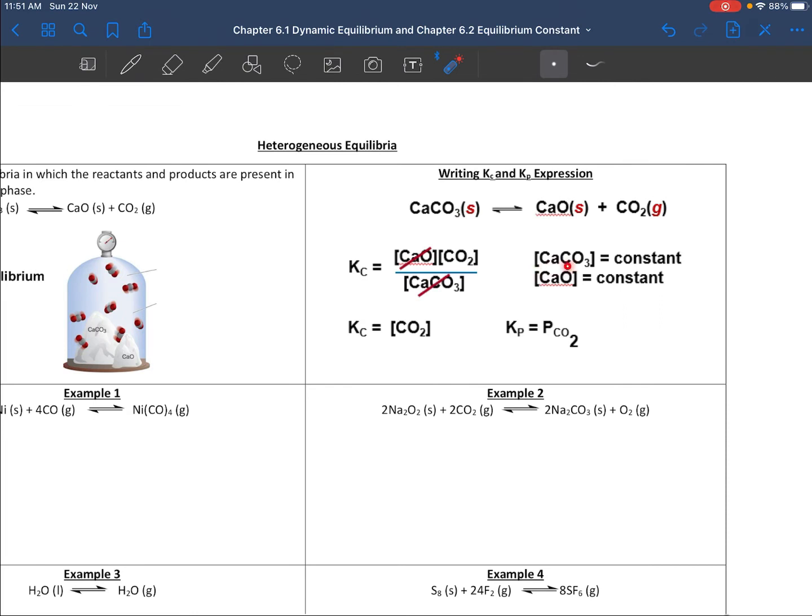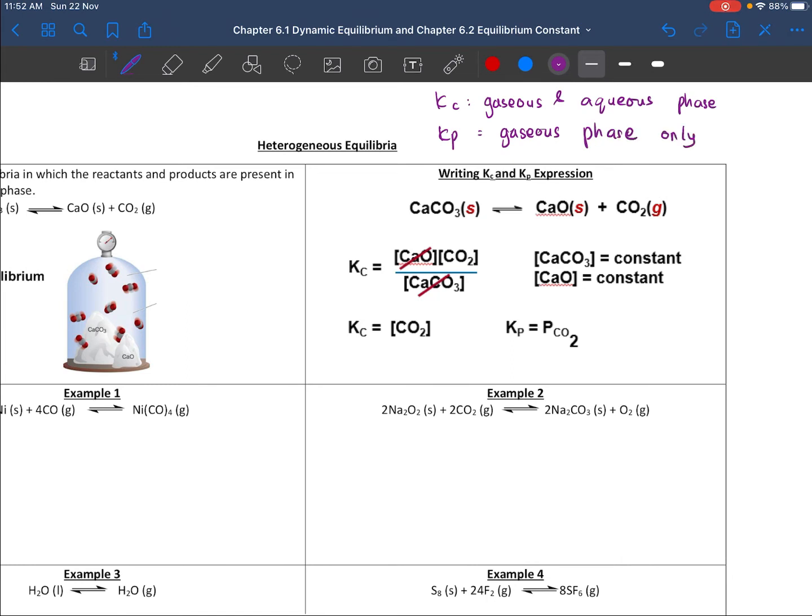And dia tulis sini concentration CaCO3 constant, concentration CaO constant. Okay, so kenapa? Okay, macam tadilah saya cakap tadi. Kc untuk gases and aqueous phase. Okay. Tapi kalau Kp untuk gases phase sahaja.